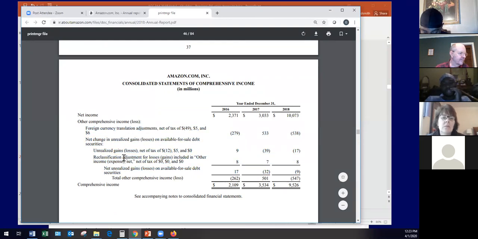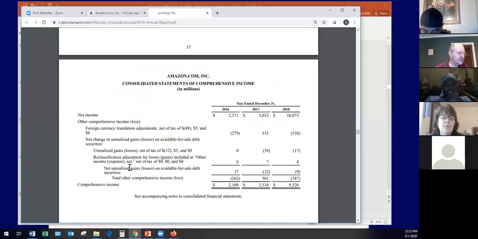Okay, they don't have one for pensions, but they have it for foreign currency translation, available for sale debt securities. And some of them had to be reclassified because of an accounting change.